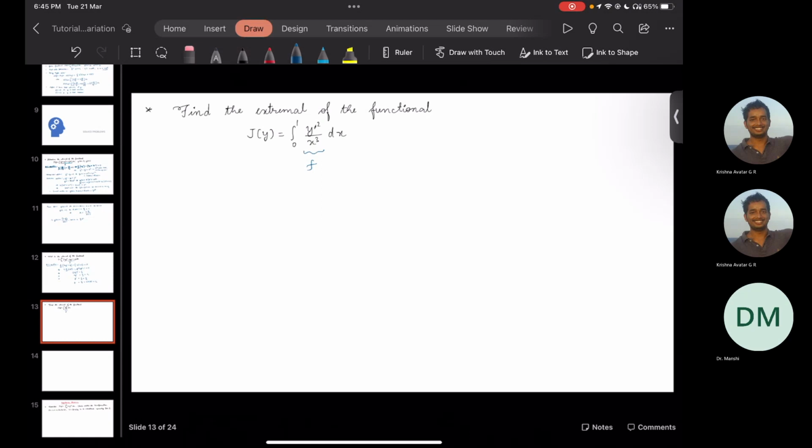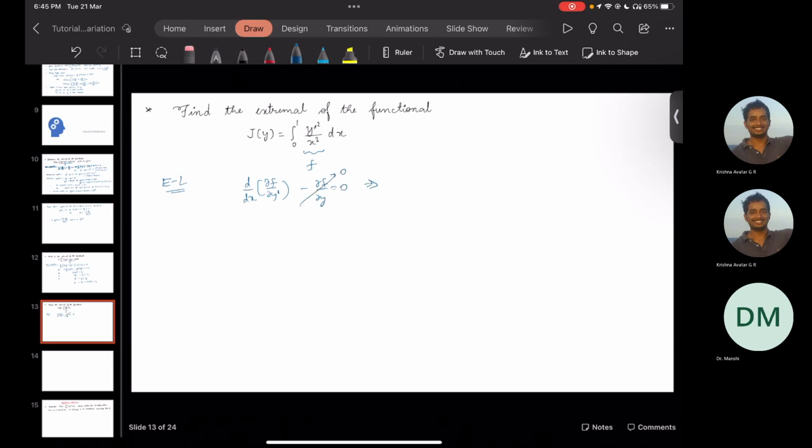So let's write our Euler equation, which is d by dx of partial f by partial y prime minus partial f by partial y. So this term is 0.